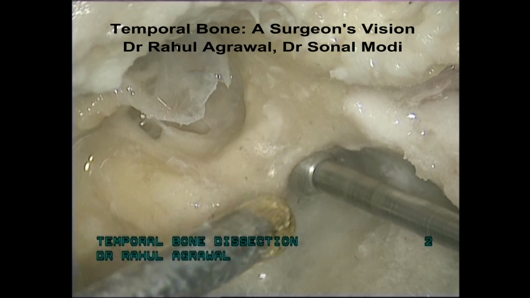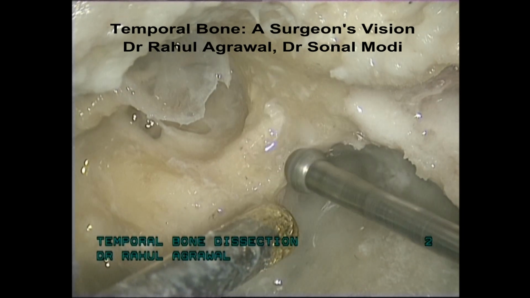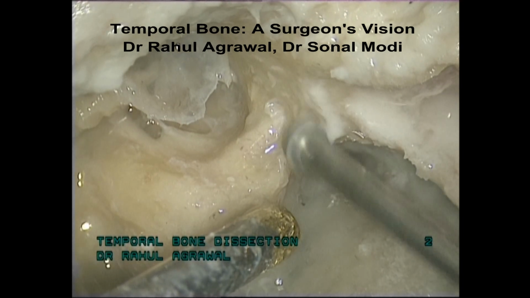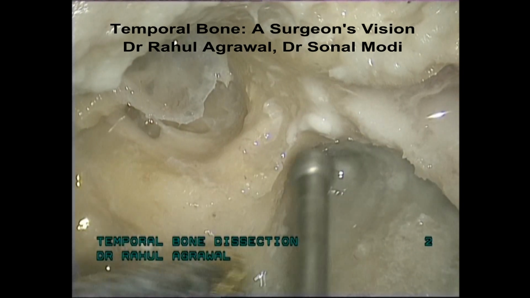There's still some bone behind the vertical segment of the facial nerve, which is being removed. You can appreciate the vertical segment of the fallopian canal, or the facial nerve, as whitish color under a thin plate of bone.